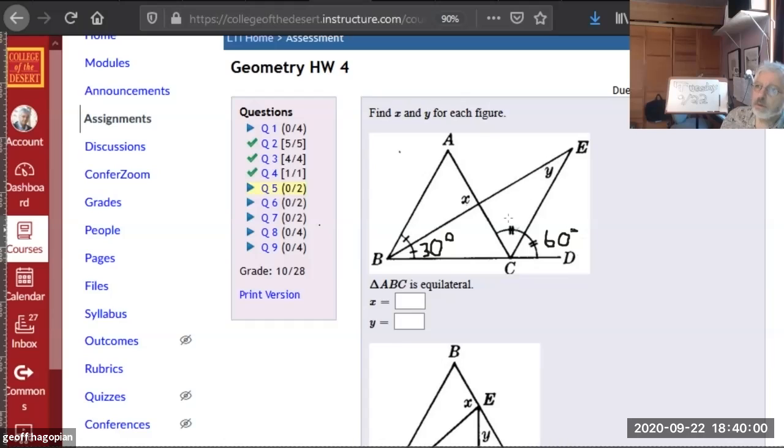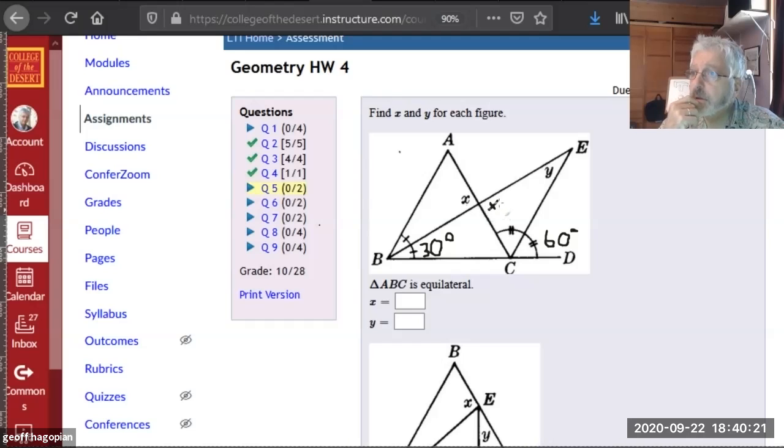So what do we know? Do we have enough information? Well, we know that this is also X here, right? Since those are vertical angles.